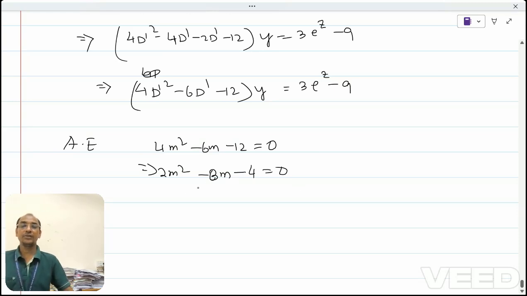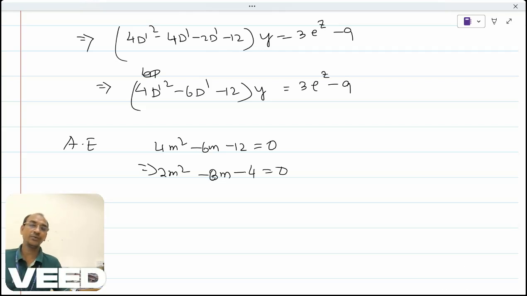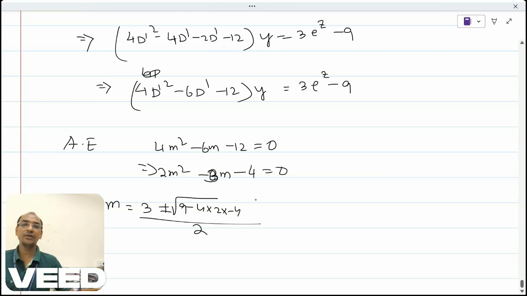If you can factorize it, the sum will be minus 3 and the product will be 8. If you can factorize that way, you can factorize. Otherwise m will be 3 plus or minus root over of 9 minus 4 into 2 into minus 4, divided by 2 into 2.